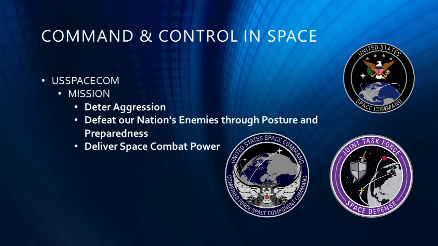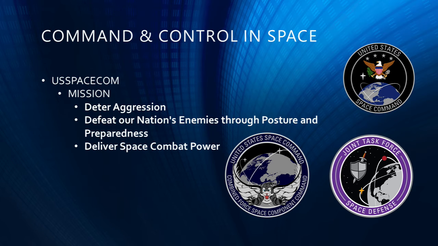U.S. SpaceCom has 2 subordinate commands: the Combined Force Space Component Command, the CFSCC, which plans, integrates, conducts, and assesses global space operations in order to deliver combat-relevant space capabilities to combatant commanders, coalition partners, and the joint force and the nation.